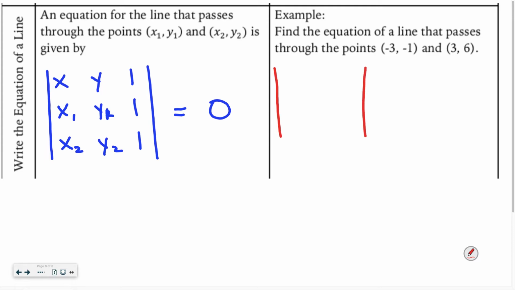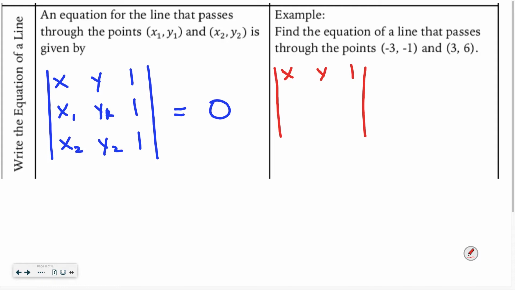Okay. So in our example, I gave you 2 coordinates, right? So if we want to use a matrix to write the equation of the line, which is what I would expect on Wednesday's test, I know you can do it with algebra, but we're going to do it with matrices. We're going to write x, y, 1 for our first row. Then we can use our coordinates.